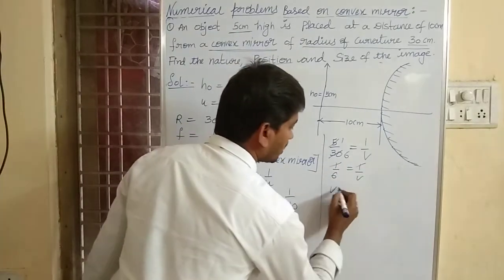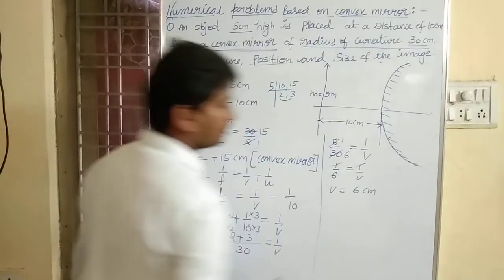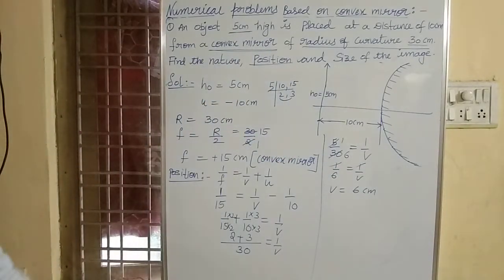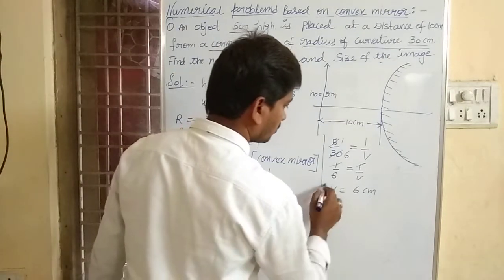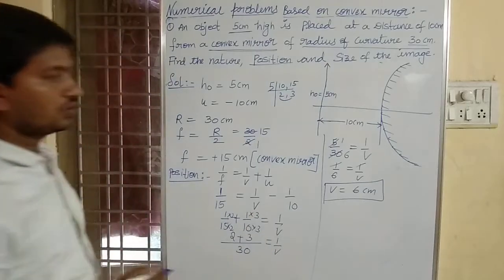The 1s cancel, v equal to 6 centimeter. We got the v value as 6 centimeter.